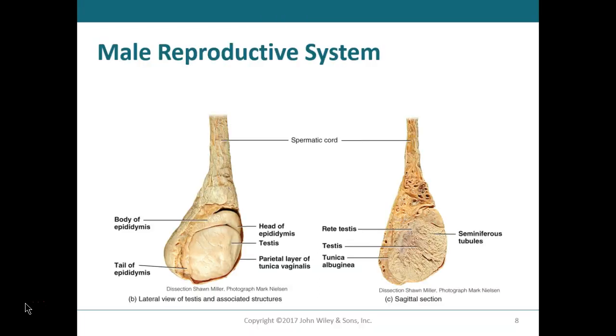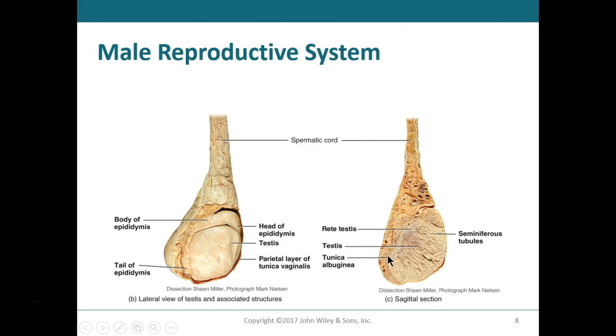This slide gives you a more realistic view of the testis, a part of the scrotum, and the spermatic cord in a cadaver. Here you can see the testis. Here's the epididymis. This is a part of the scrotum, and you can see that the rest of it has been cut away. Here you can see a little bit of a connective tissue covering. This is not the tunica albuginea.